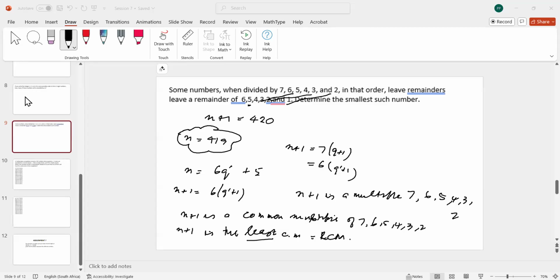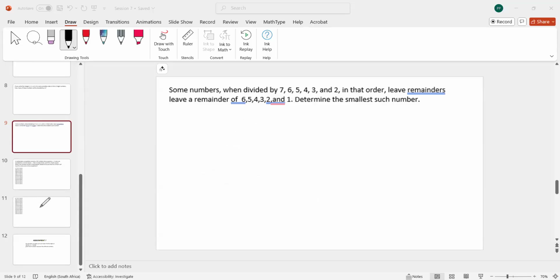All right, now finally we get to this last problem. The last problem is this.